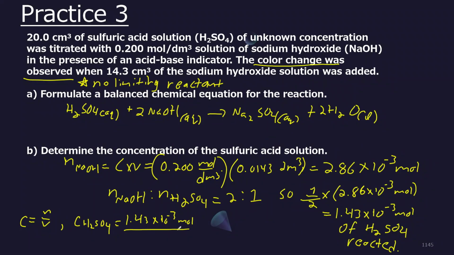It says somebody had about 20 milliliters, 20 centimeters cubed. Again, we want concentrations in decimeters cubed though. So divided by 1,000, 0.0200 decimeter cubed. And that comes out to 0.0715 mole per decimeter cubed. Done.